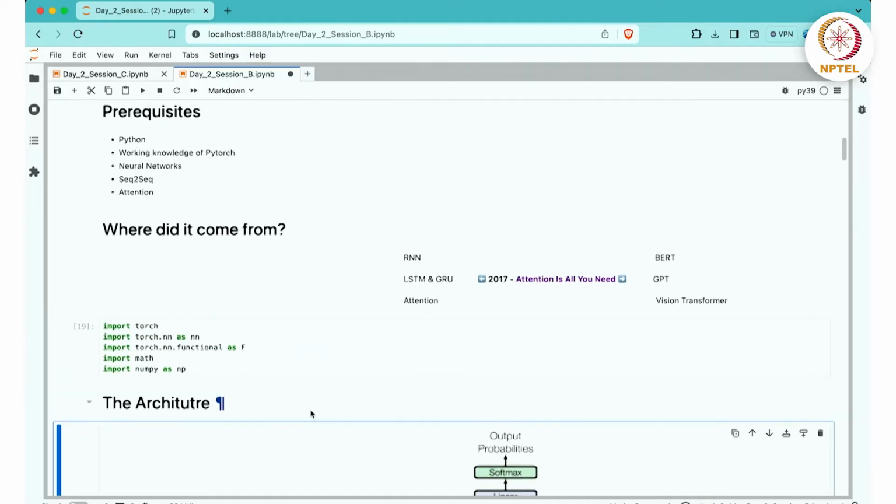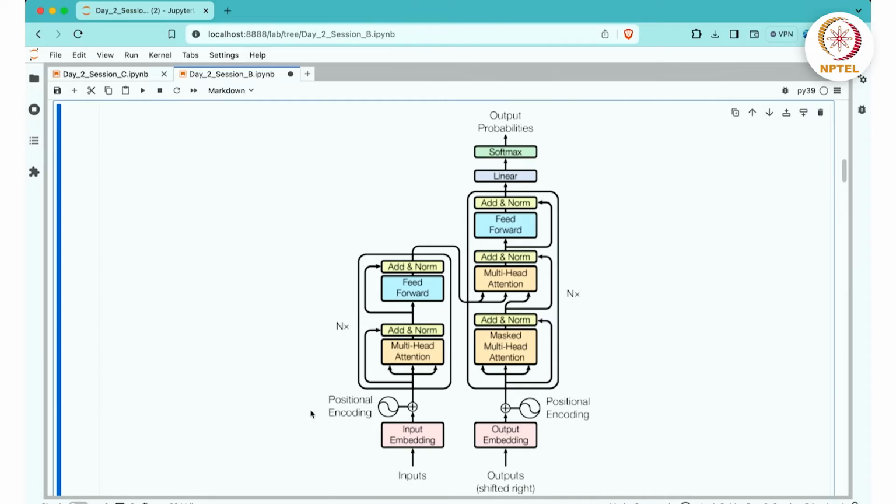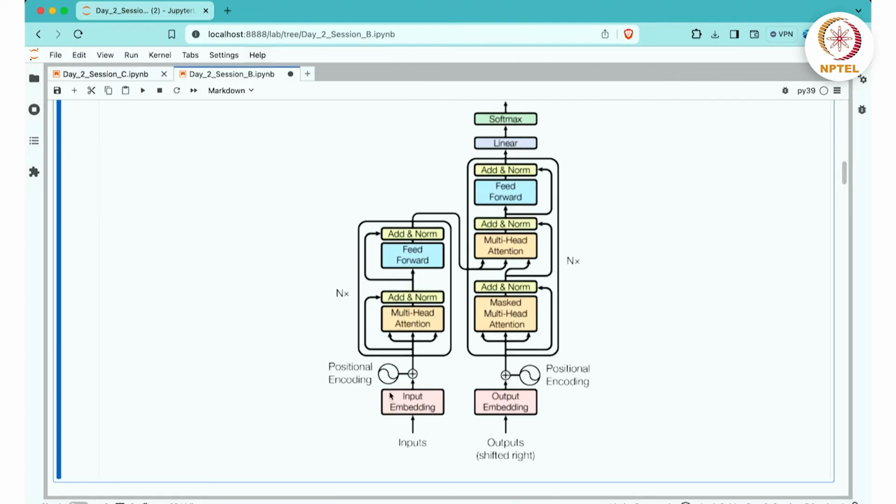So to start with, let's look at the overall architecture of a transformer model. As this is a sequence to sequence model, it follows the typical structure of an encoder and a decoder. So there is an encoder which takes your input, adds something which we are calling a positional encoding to this, and then passes it through what is called multi-head attention, passes through a few dense layers of neural network, and this gives you your context vector or hidden vector.